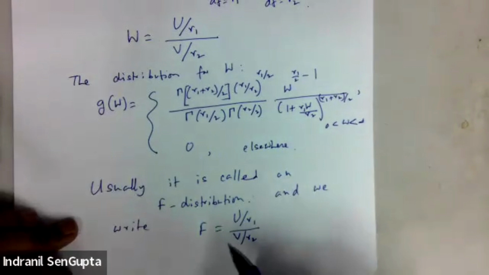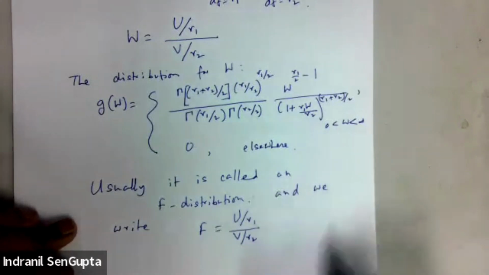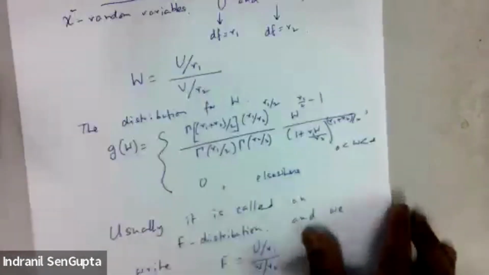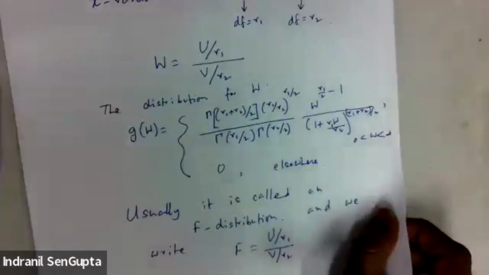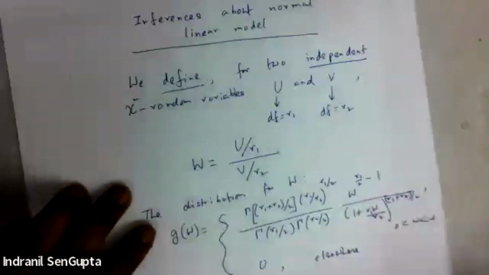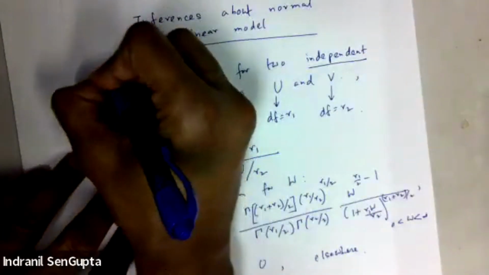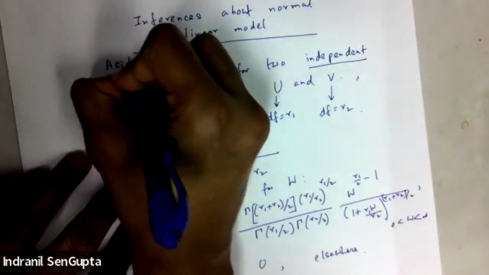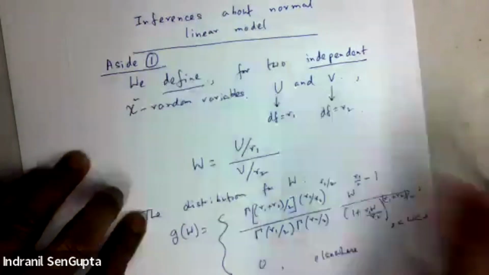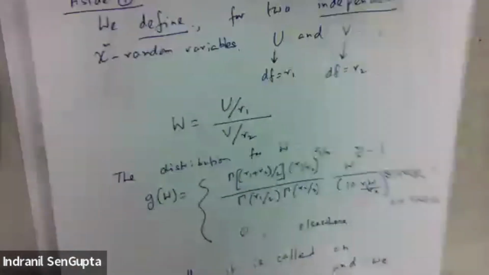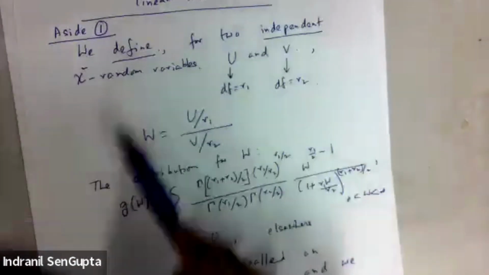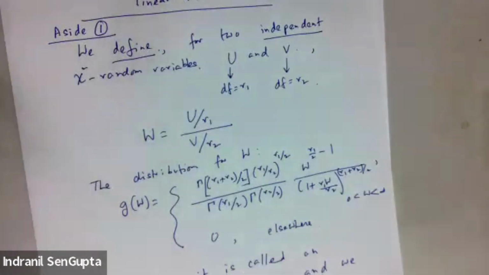The thing to remember is U and V are independent chi-squares. U has degrees of freedom R1, V has degrees of freedom R2. Then this quantity is called the F distribution. There are two parameters. So this is aside one, meaning that it doesn't have any direct relation to what we're going to do, other than being background material.